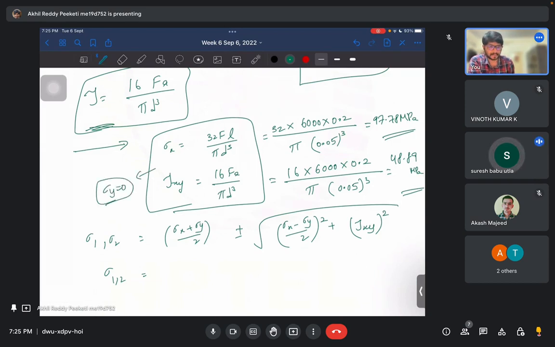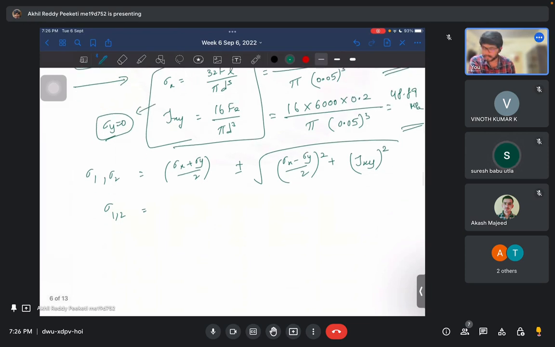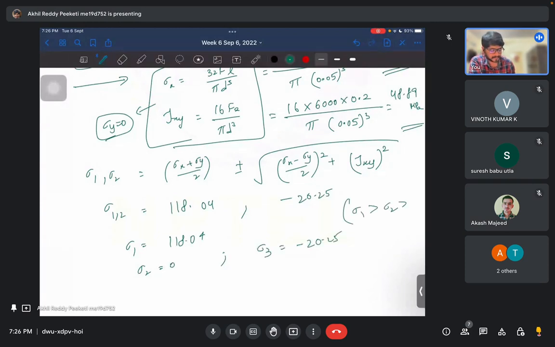With that we will get sigma 1 and sigma 2, which come as 118.04 plus and minus 20.25. By convention we will take sigma 1 as 118.04, sigma 2 as 0 and sigma 3 as minus 20.25, because our convention is this, right?